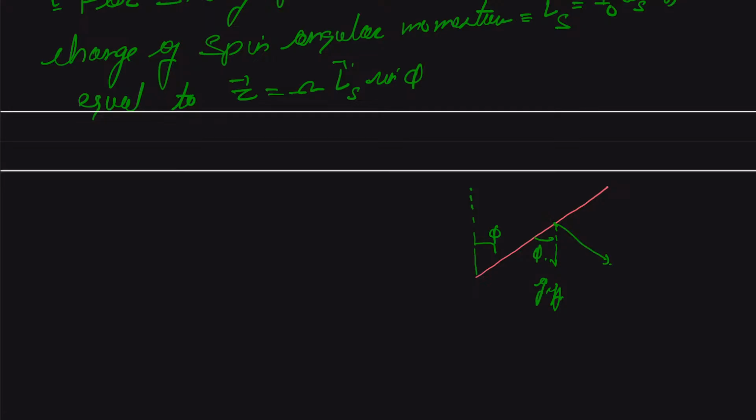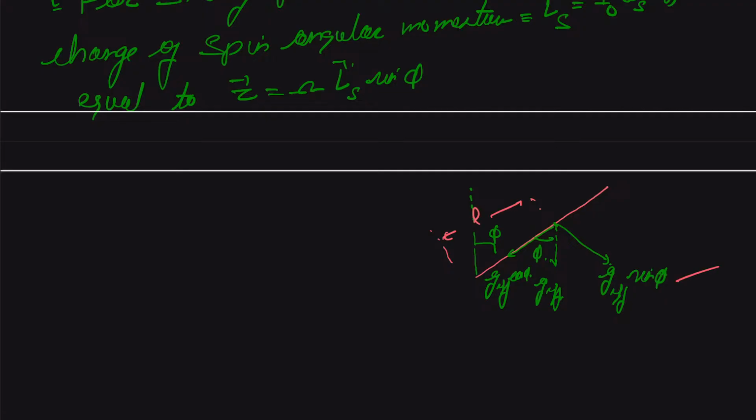We can take g effective in two parts. The first one will be g effective sine of phi, and the other will be g effective cos of phi. This g effective cos of phi is along our axis, so it is not going to contribute to any of the torque, and this distance is given to us as L.